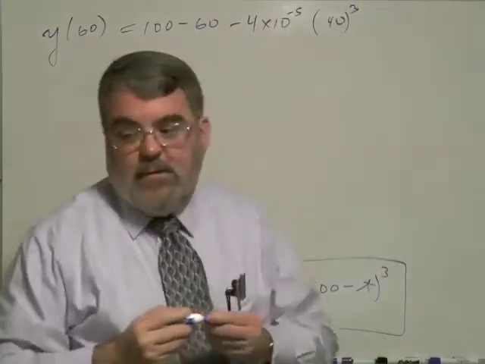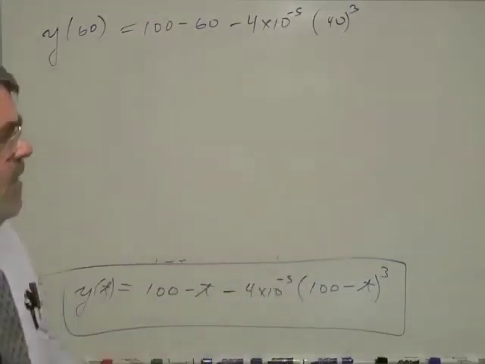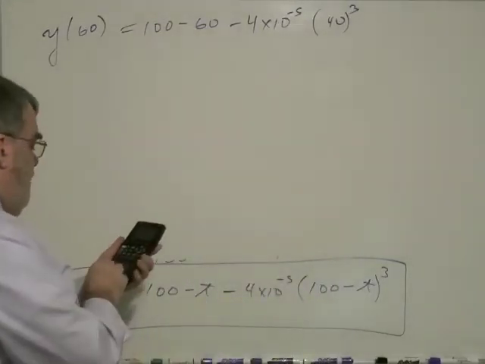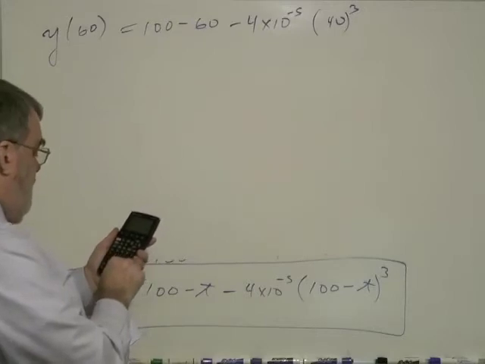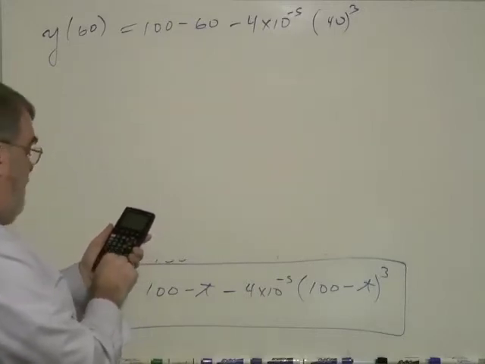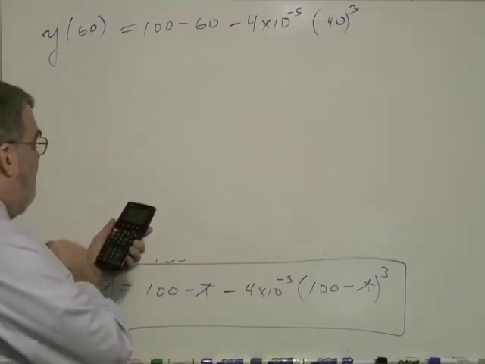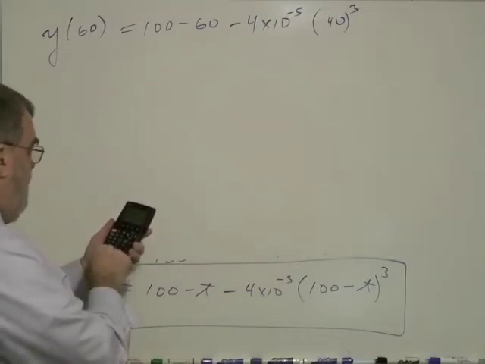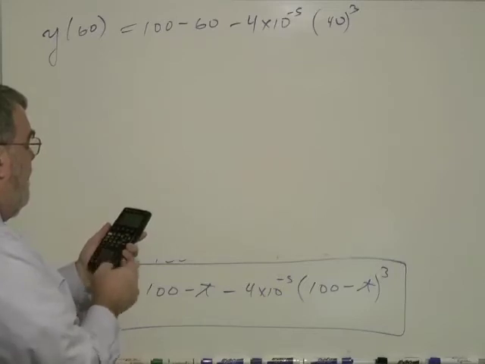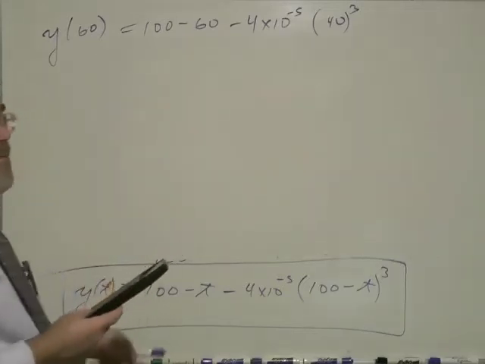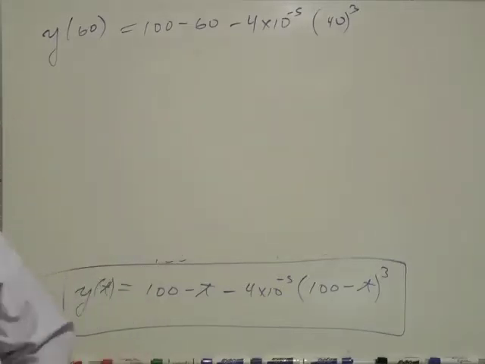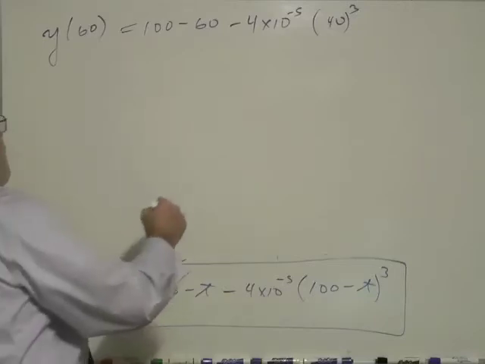So I'm going to run that through my calculator. And let's see, 100 minus 60 minus 4 times 10 to the negative 5th power times 40 raised to the 3rd power is 37.44.